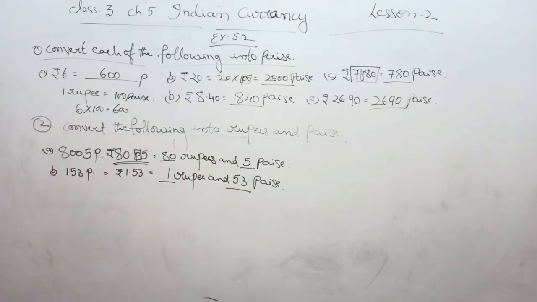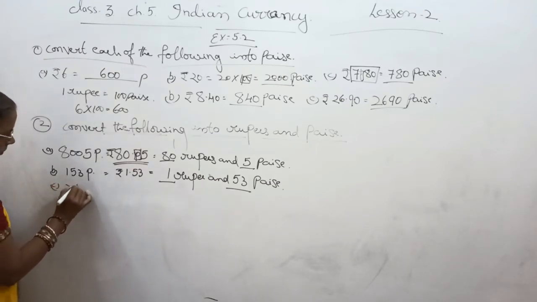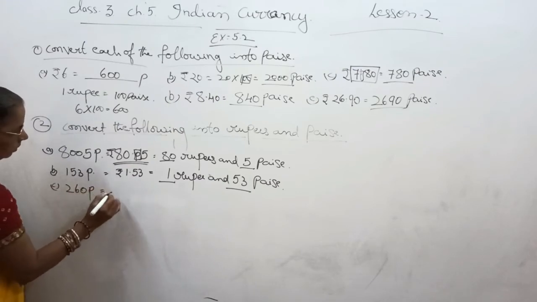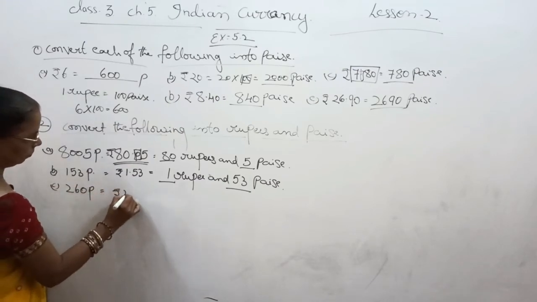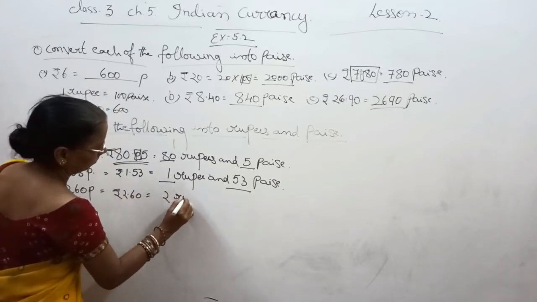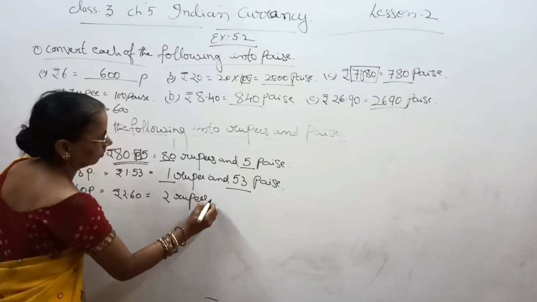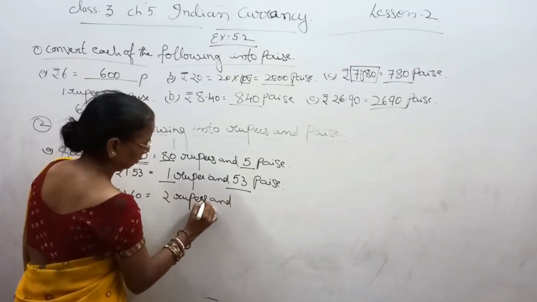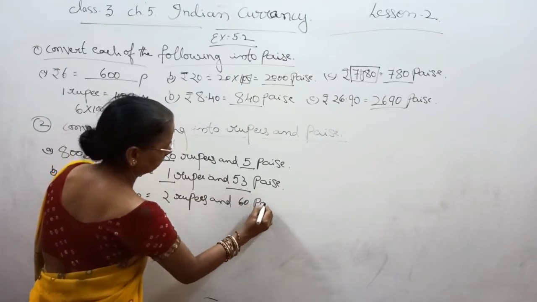Now, before we go for addition of money, we will complete the 3 questions in 5.2. The third is 260 paise, which equals rupees 2.60, that is 2 rupees and 60 paise.